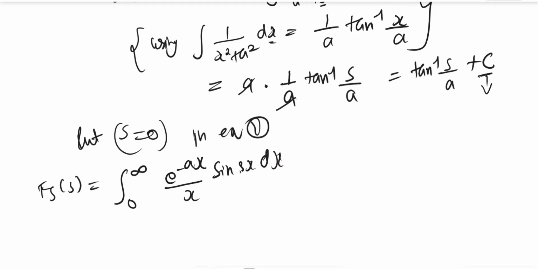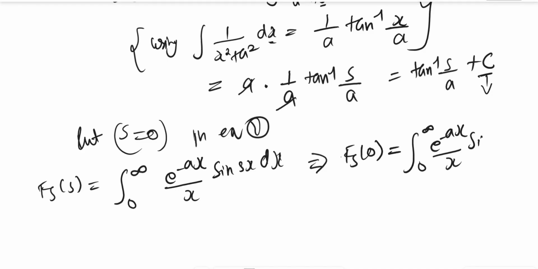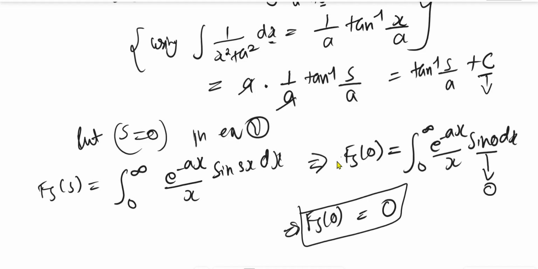Now putting 0 in place of s, this implies F_s(0) is equal to the integration from 0 to infinity of e raised to the power minus ax divided by x, sin 0 dx, and sin 0 is 0. So what will this become? F_s(0) is equal to 0.